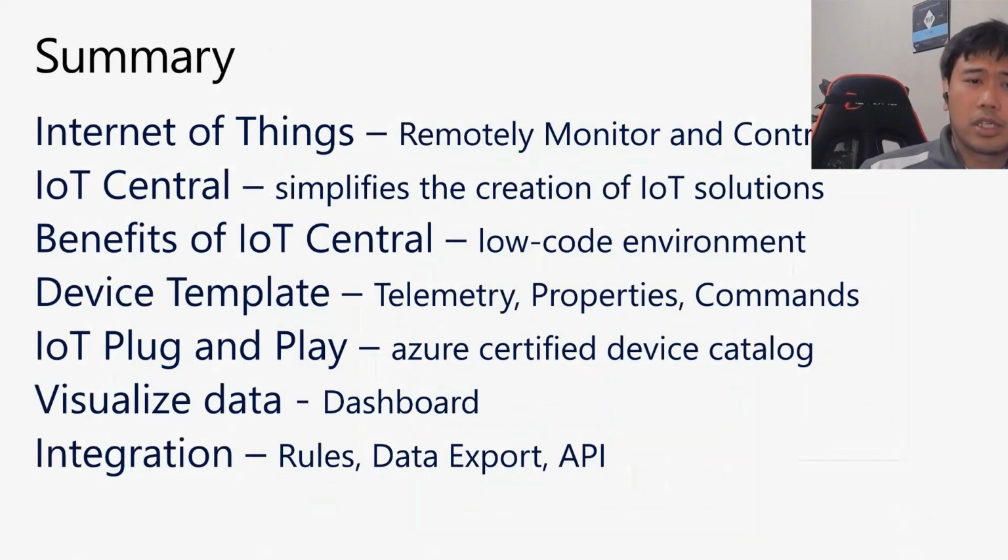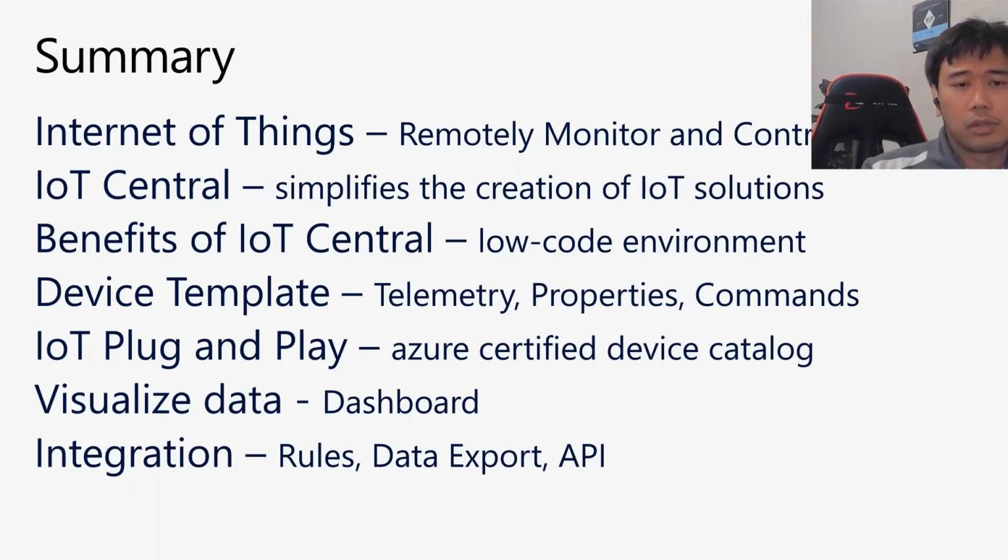So, in summary, what is Internet of Things? It's being able to remotely monitor and control the device. And IoT Central simplifies the creation of an IoT solution. We did talk about the benefits of IoT Central. A lot of it is a low code environment and application platform as a service type of service.